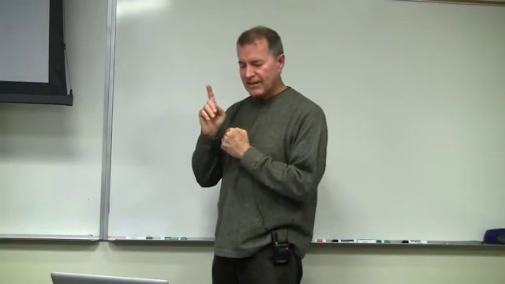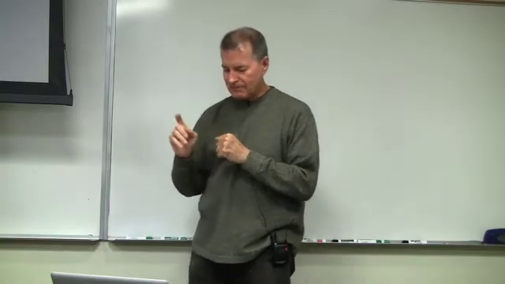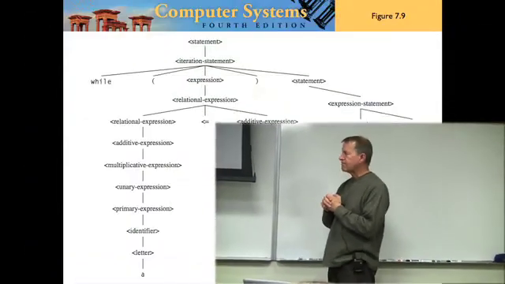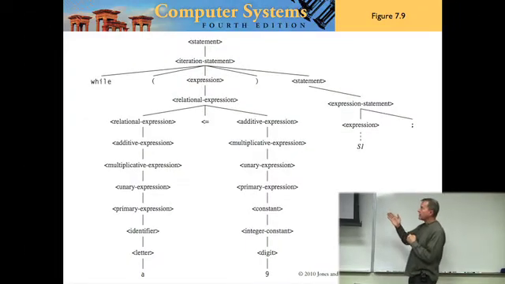Oh, actually, that train of thought makes me think of one more thing that I want to go over before we go on. Let's come back and look at figure 7.9. This is the syntax tree for a valid C++ statement, right? And you did a similar one for your homework. And actually, what the compiler has to do is it doesn't start with statement. Do you remember what the start symbol was for the C++ language?